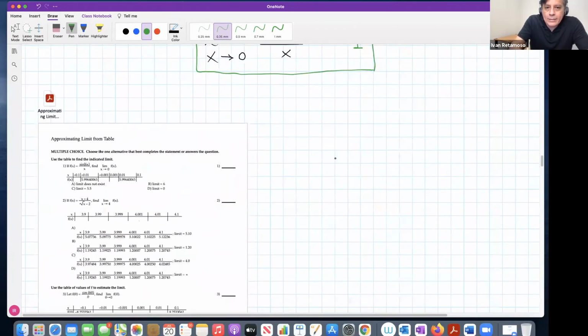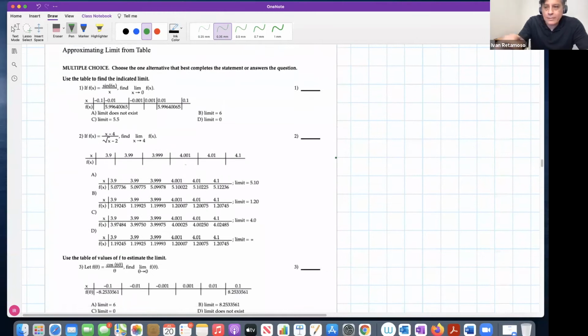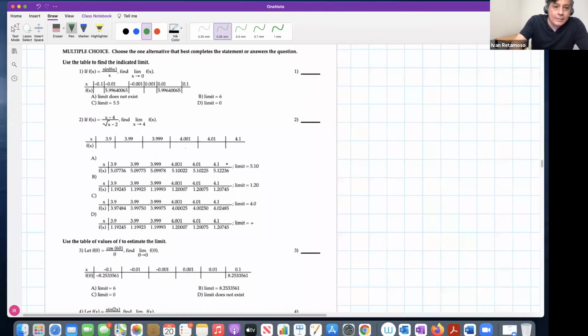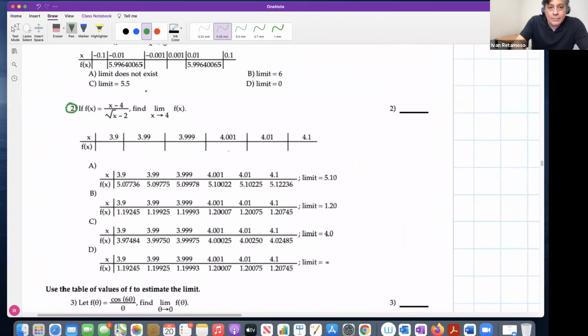I want you to do this now on your own here, okay? To practice, try to do this one. We did it with sine, now with a different function. This one, number 2. They give you this function and they ask you to fill up this table with output values and see where the output values from the left are going, where the output values from the right are going.